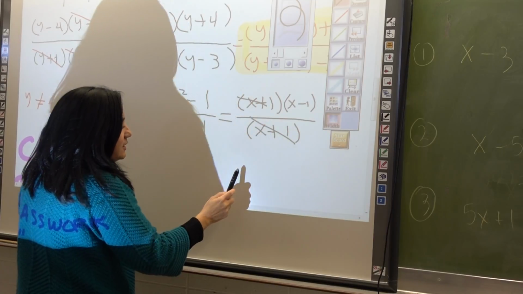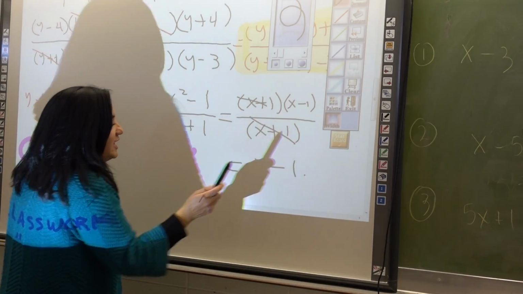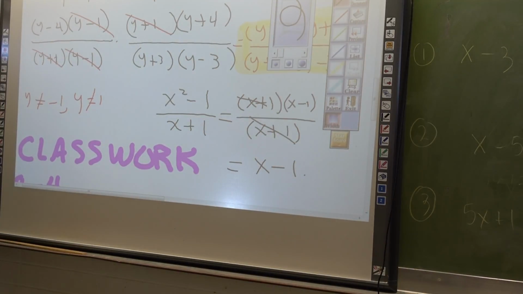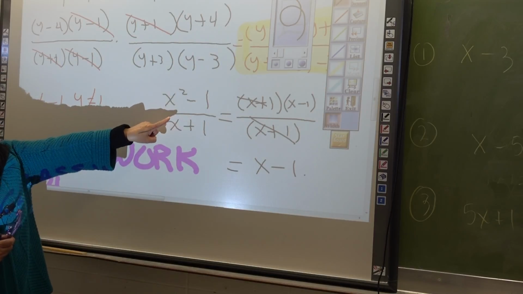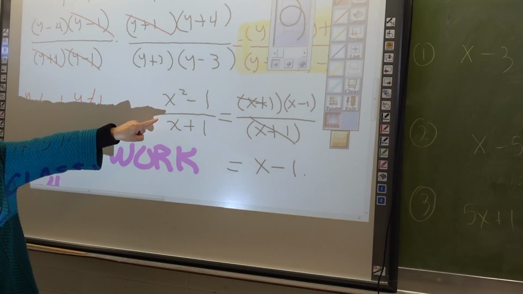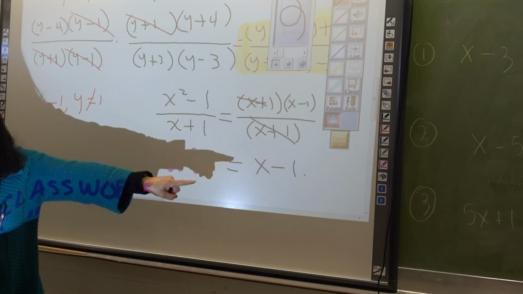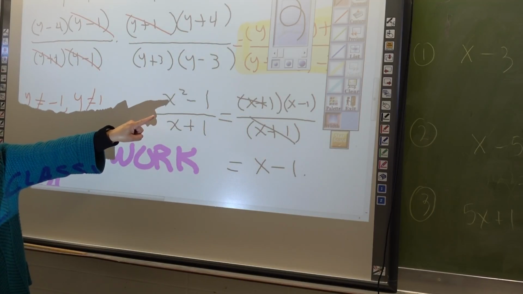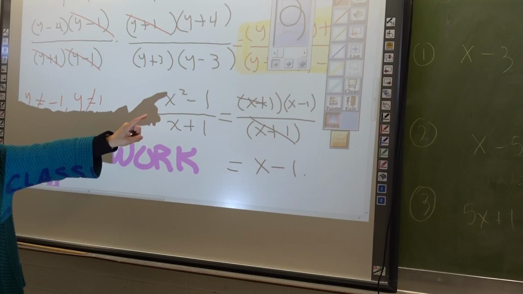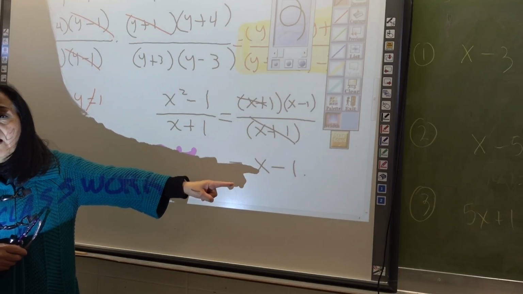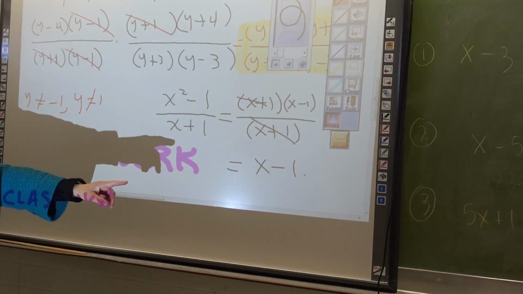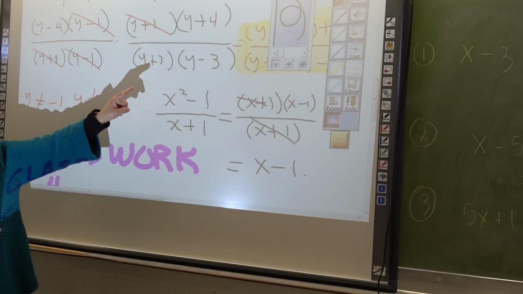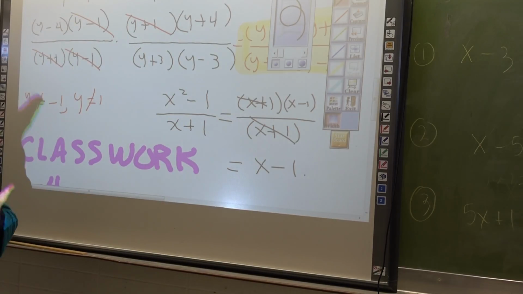I cancel this, and you're going to say, okay, this is x minus 1, and that's my answer. And I don't even say anything about when the denominator is 0. That would be wrong, because if I graph this one it has a hole. You're going to see the same line, but this one has a hole at x equals 1. If I graph this one only, it is a solid line. This one is continuous, and this one is discontinuous.